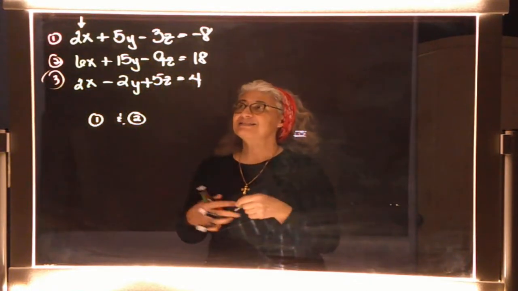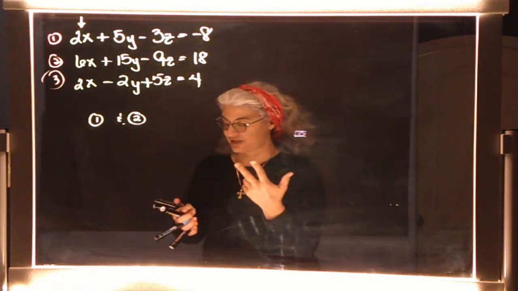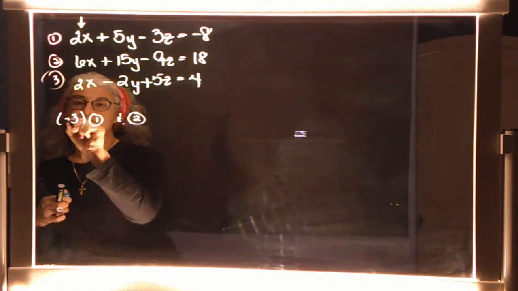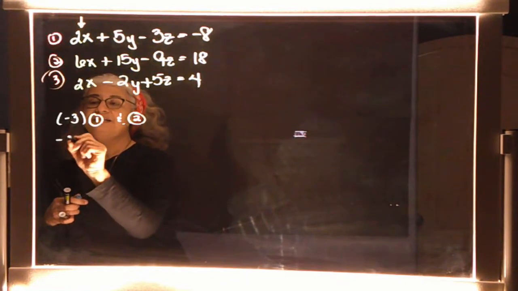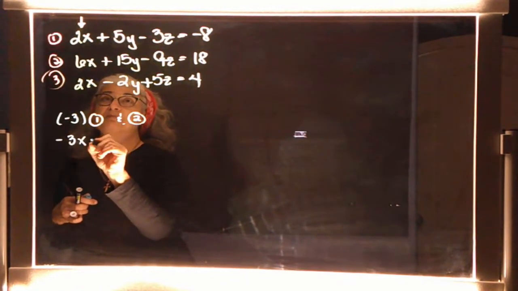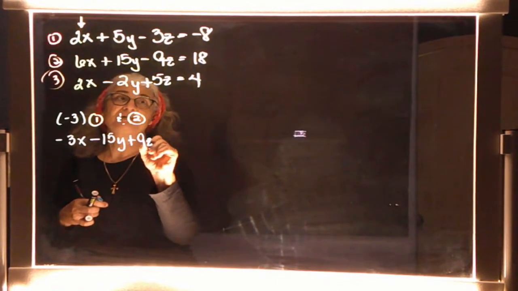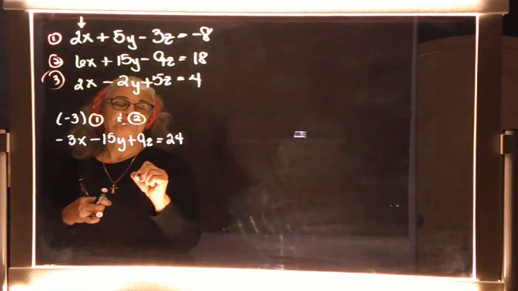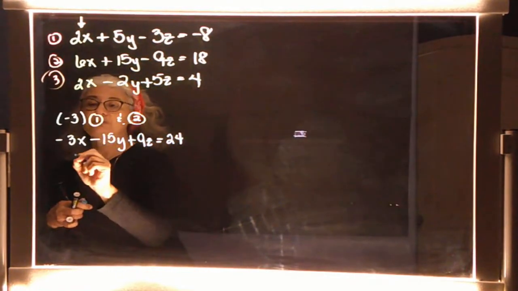Yeah, let's multiply the first equation by a -3. So, let's see what it looks like. So we have -3x minus 15y plus 9z equals, yeah, positive 24. Good? Not doing anything to equation 2.